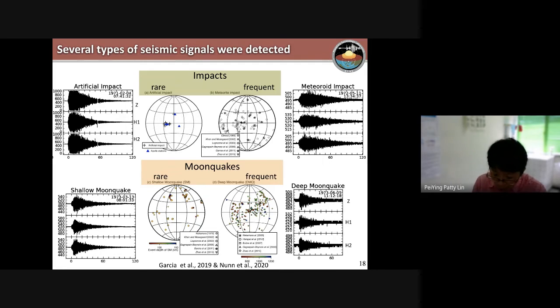And these are the waveforms for the shallow moonquakes and deep moonquakes. As you can see, the shallow moonquake is similar to the meteorite impact, and the deep moonquake looks a bit different. That's easy to understand because the depths of these might be close, and the sources are close, so they have similar waveforms. The deep moonquakes are the ones that surprised us, and lots of work has been done using data recorded from deep moonquakes.